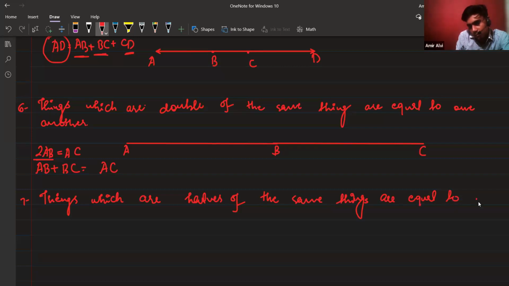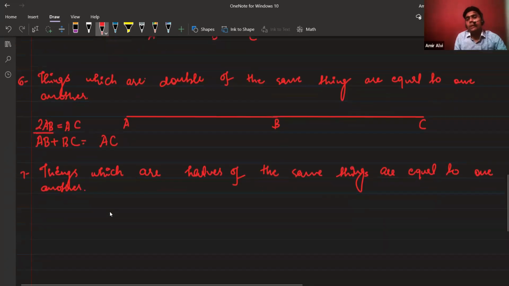Okay, is this somewhat clear? Nothing but अगर आप किसी चीज के हाफ करोगे तो जो हाफ होंगे वो एक दूसरे के बराबर होंगे या नहीं?